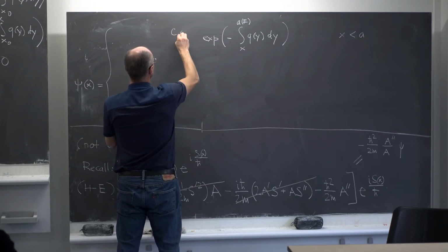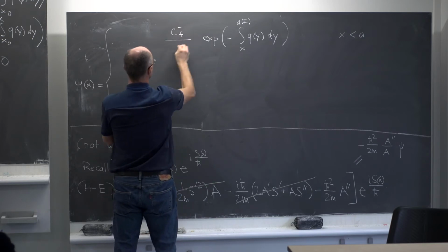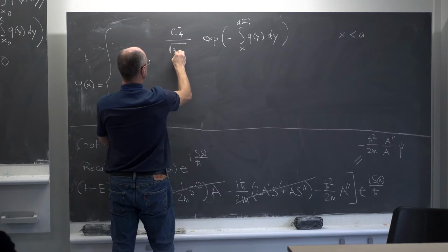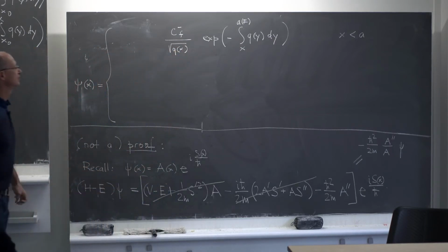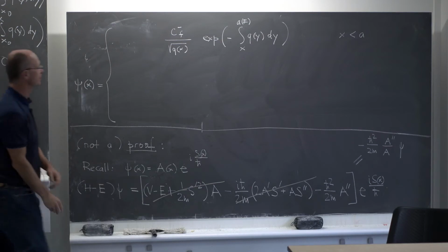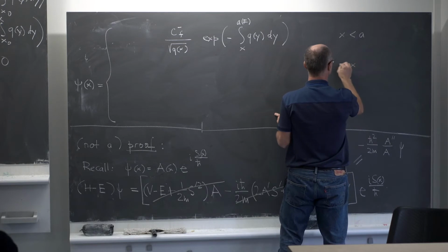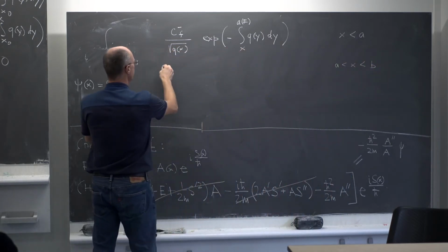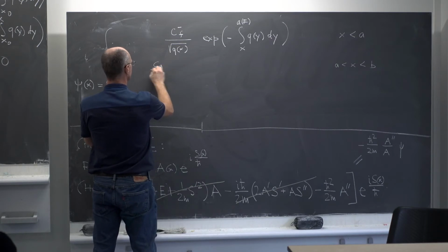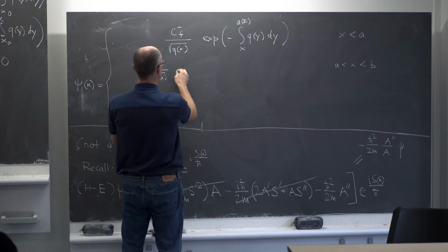Let me call it forbidden, minus constant divided by the square root of q of x, right? So then in the allowed region, this will be some constant c allowed, divided by the square root of p.